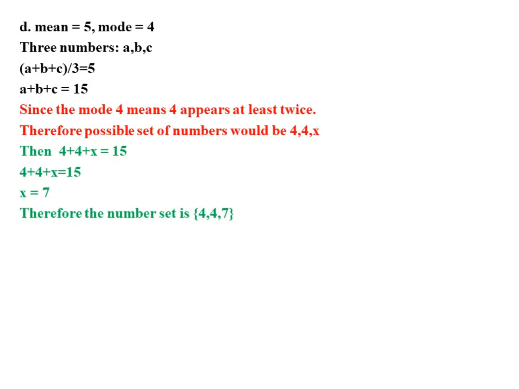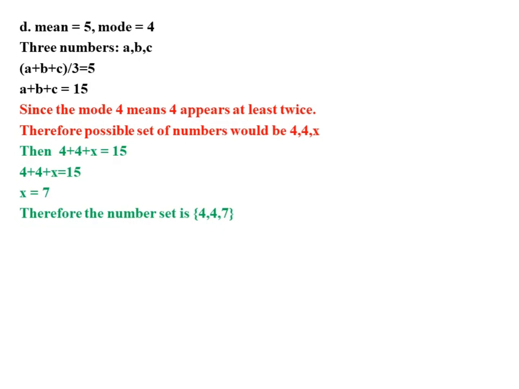So the possible set of numbers should be 4, 4, y, keeping one number unknown. Since the mean is 5, the sum of this set of numbers should be 15. Therefore, the equation should be 4 plus 4 plus y equals 15.